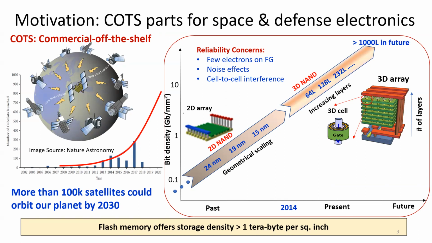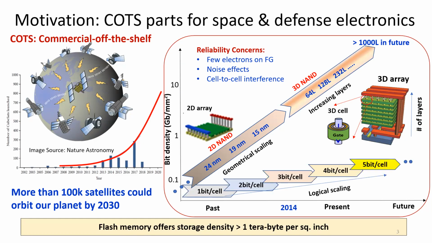In future, it is predicted that it can go to more than 1,000 layers, and there is not only the number of layers or physical scaling, there is also a logical scaling happening where the number of bits per cell is also increasing. All this poses lots of reliability challenges.